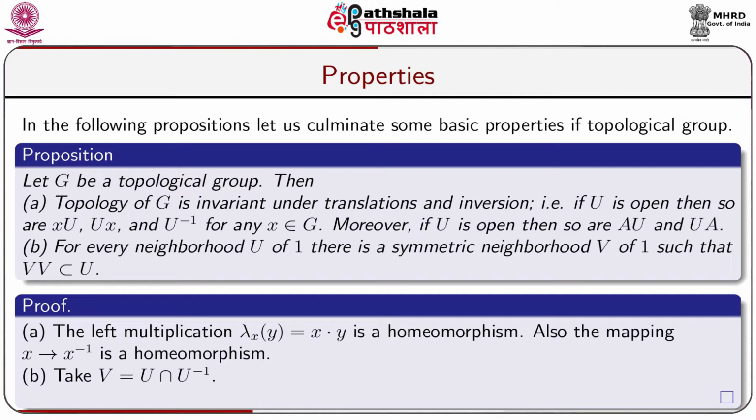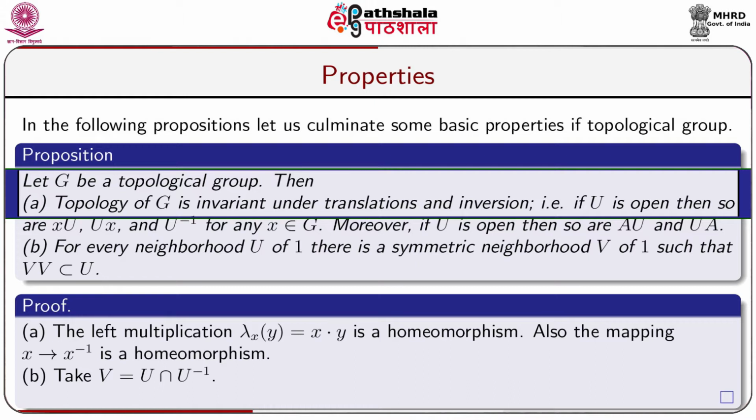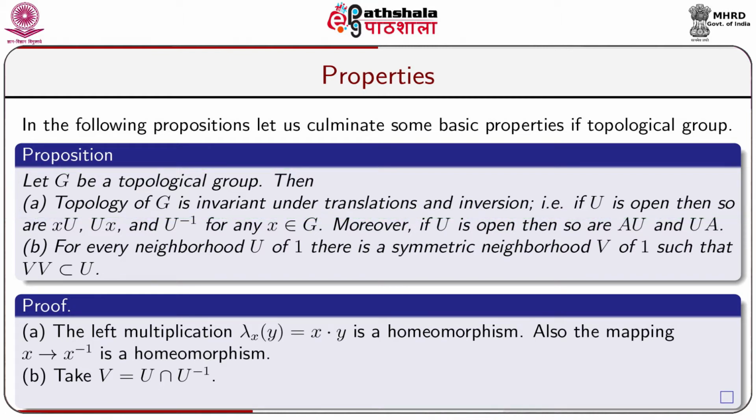Let us state it formally. Let G be a topological group. Then the topology of G is invariant under translations and inversions.